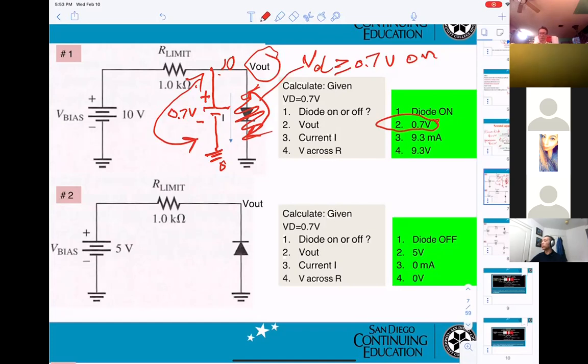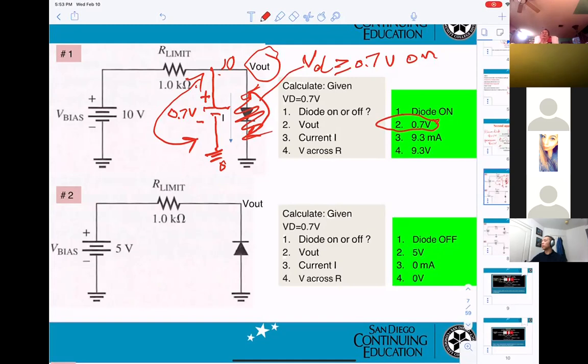So could you go over how we know the diode is on? Okay. The VD, that means the voltage across the diode. If it is greater than or equal to 0.7 volt, then on. If it is less than 0.7 volt, it will be off.